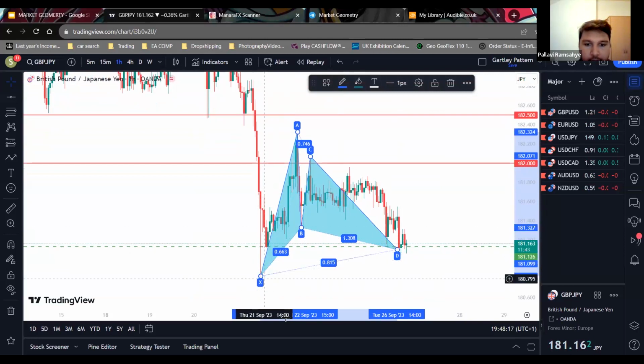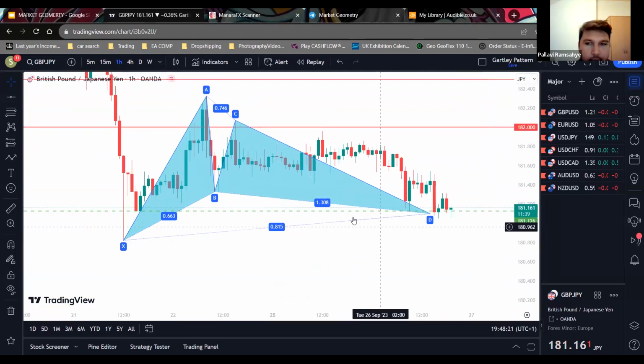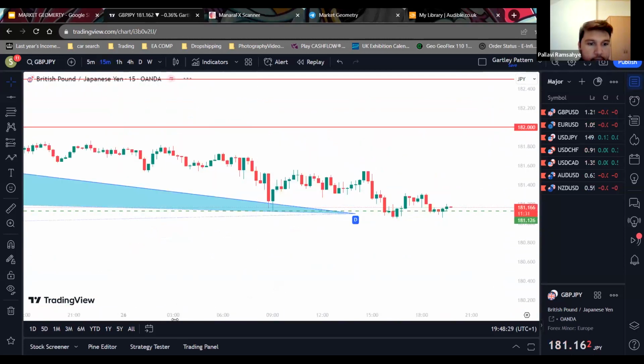This wick is throwing me off big time. So if this wick wasn't here, I guess we could drop it to a lower time frame.